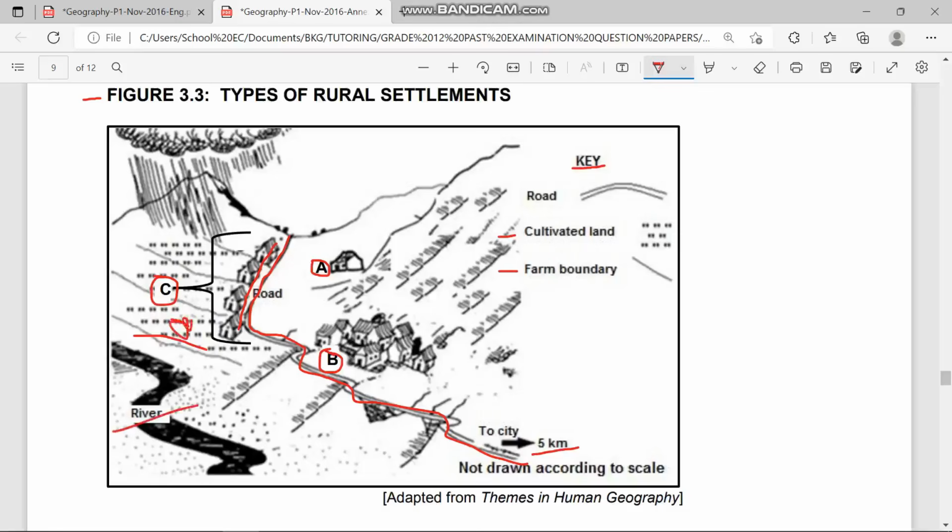As you can see here, we have a cloud that shows this side. If it's in the southern hemisphere, it's a north facing slope.